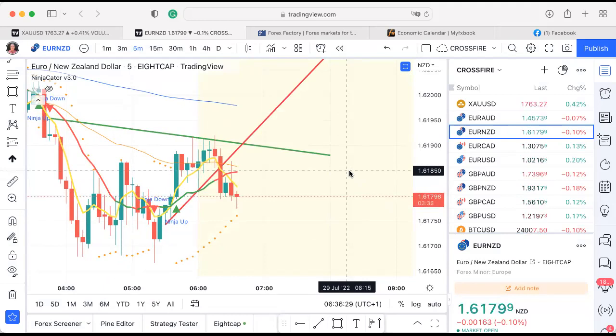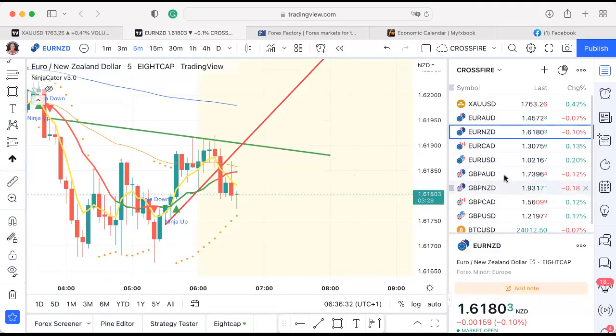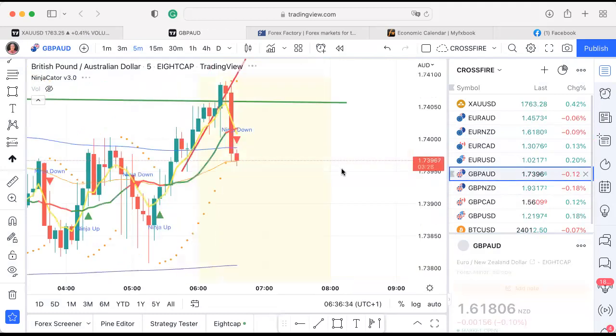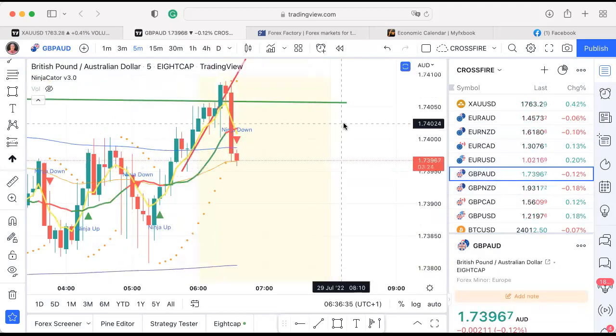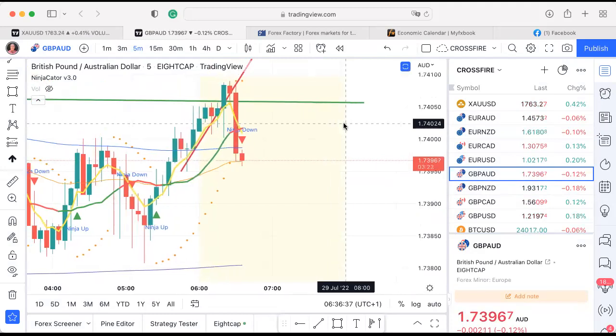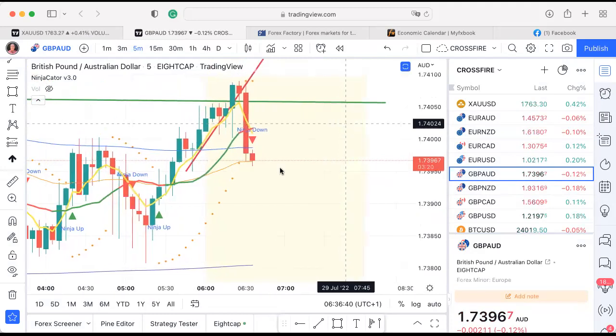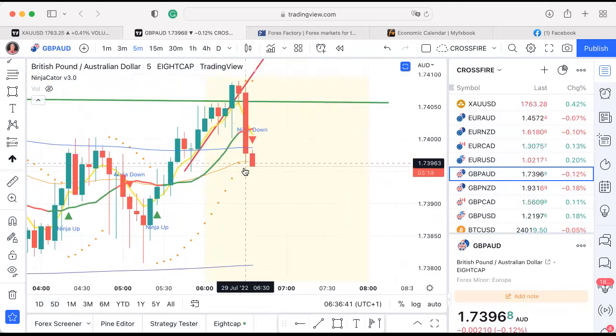GBP AUD on Oanda, you've got a ninja down. GBP AUD. Okay, so we've got a ninja down. Can you see how it's just broken through the 50 moving average, but it's hesitating.